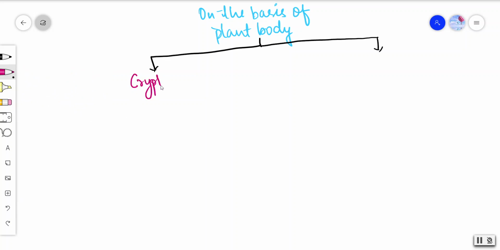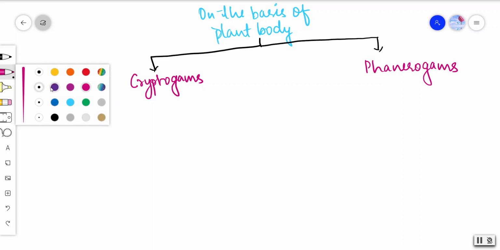cryptogams. Another one is phanerogams. Okay, cryptogams are what?